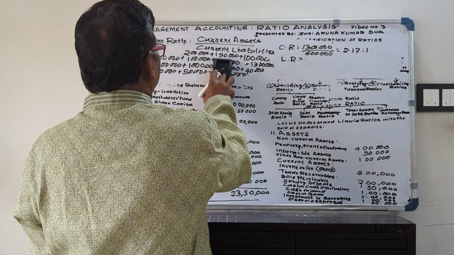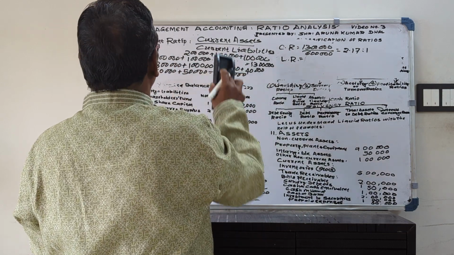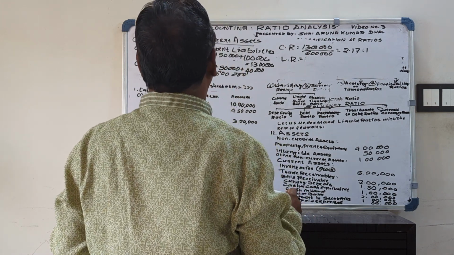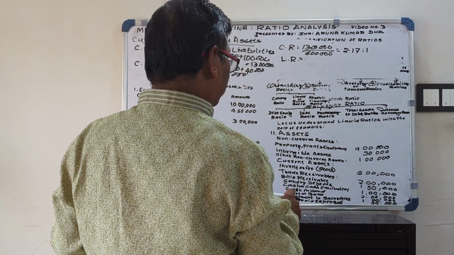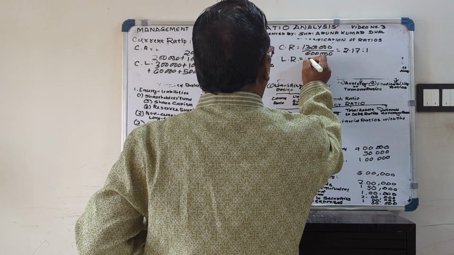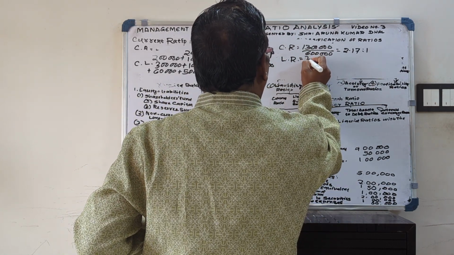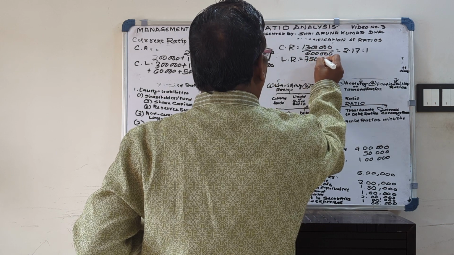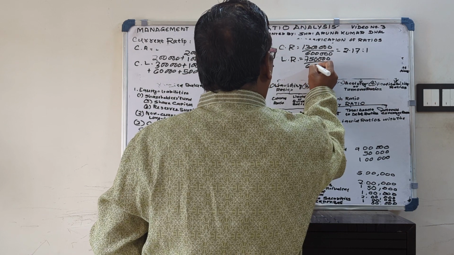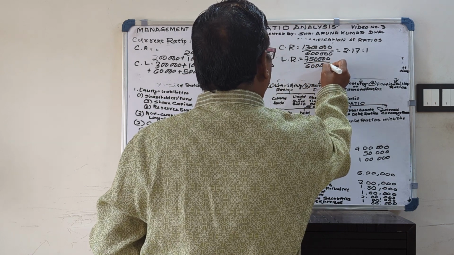So it is 7,50,000. The liquid assets are 7,50,000 and current liabilities are 6 lakhs.